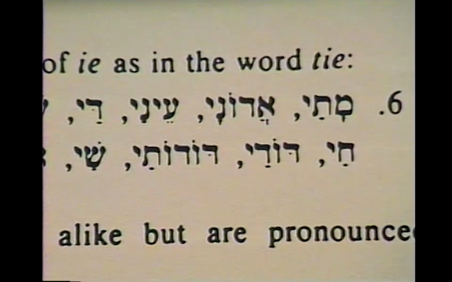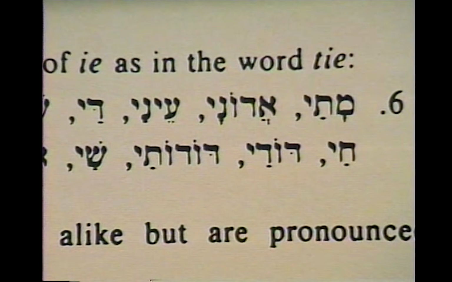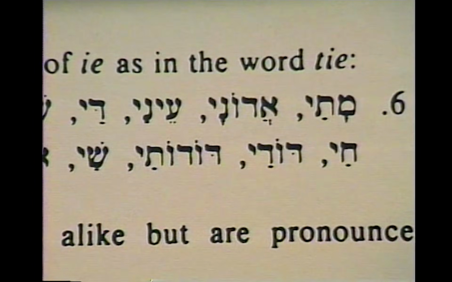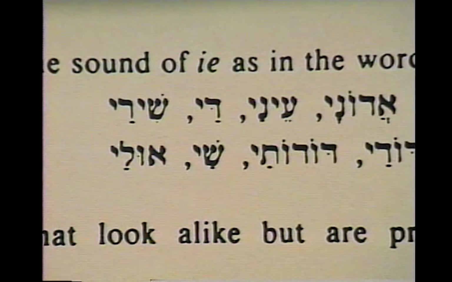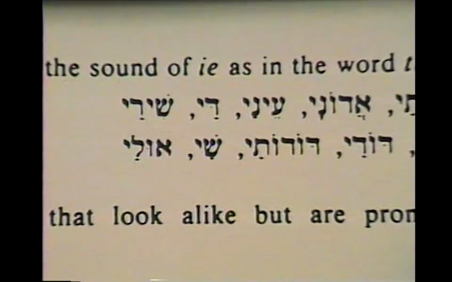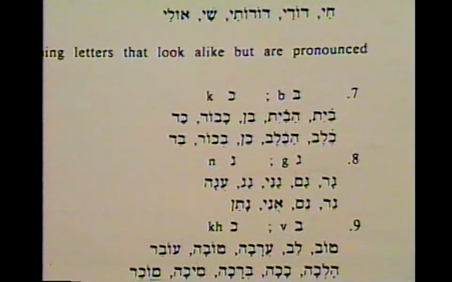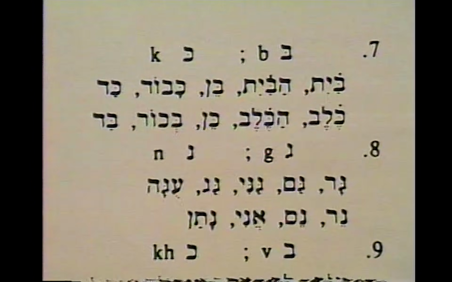Next line. Chai, Dodai, Dodotai, Shai, Ulai. So when you have the patach yod, then you understand it has an IE sound like in the word tie.